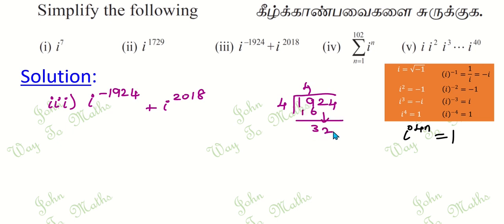Bring down 2, so 8 4s are 32, then remaining 0. Bring down 4, 1 4 is 4, remaining 0. So it is equal to i power minus 4 times 481.